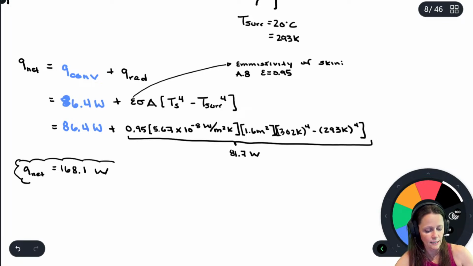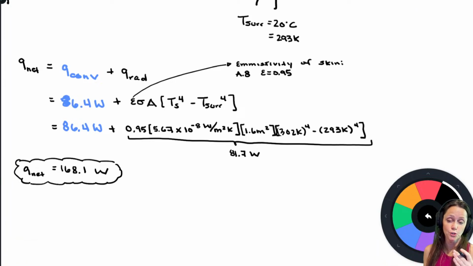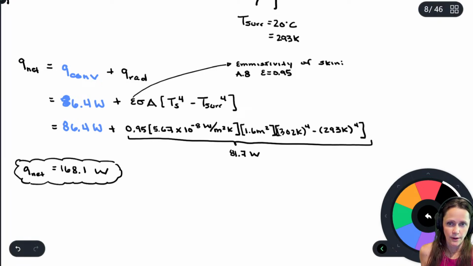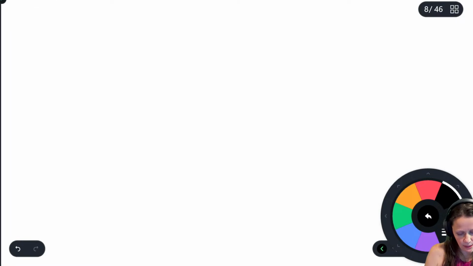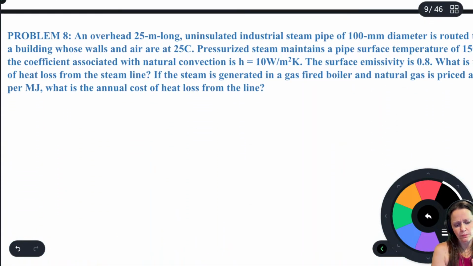So this is the net heat transfer rate coming off of that person due to both convection and radiation and the incident radiation from the surrounding enclosure surfaces. All right, so let's keep on going.